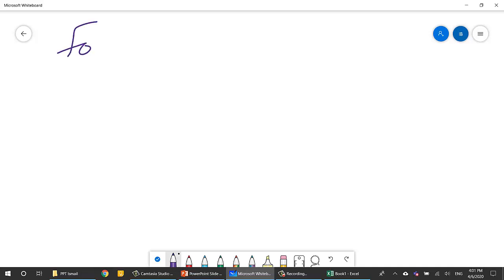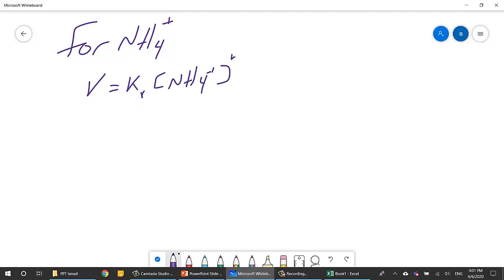So for NH4 plus in this example, the first equation is that the rate is equal to rate constant multiplied by NH4 plus power m. I'm going to start again here as if I have no idea about the values of m and n.